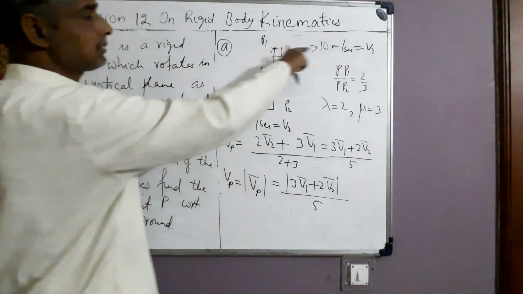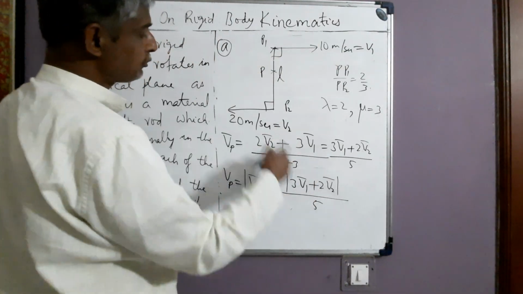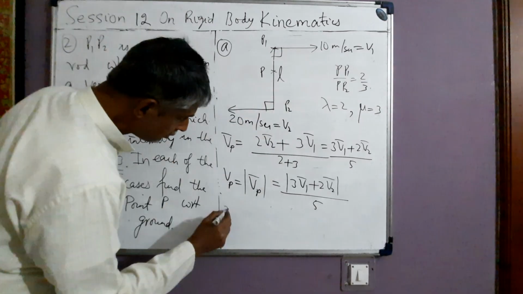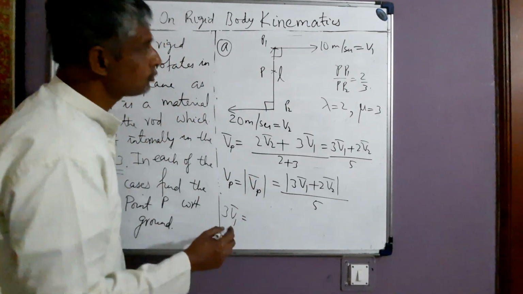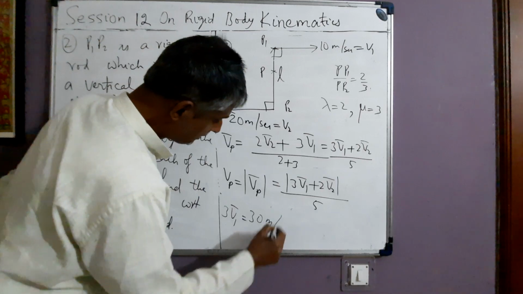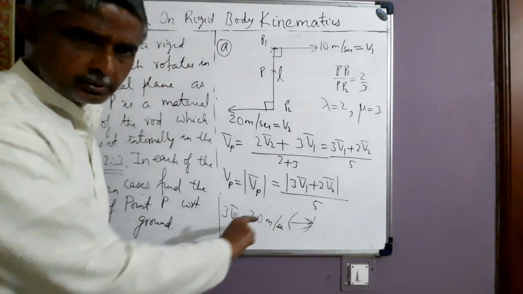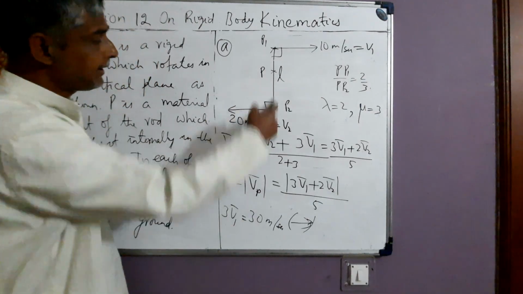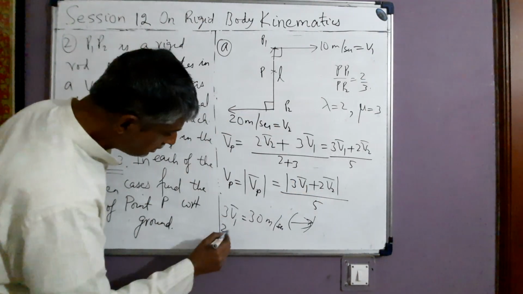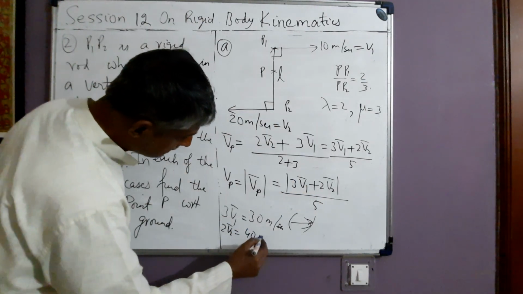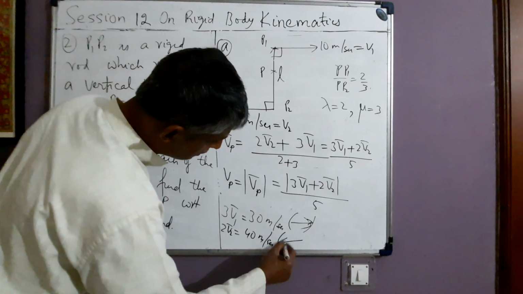Now 3V1 is 30 rightward and 2V2 is 40 leftward. So 3V1 vector has a magnitude of 30 meter per second in rightward direction. I write it this way, meaning should be clear, magnitude and direction. And 2V2 is 40 meter per second in leftward direction.